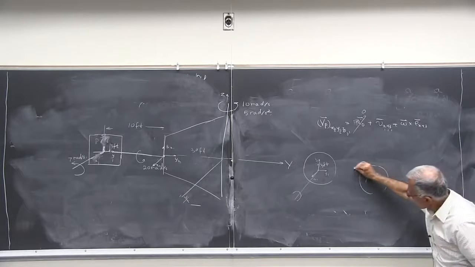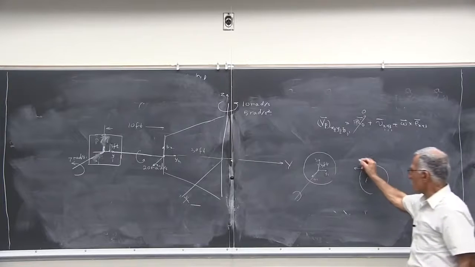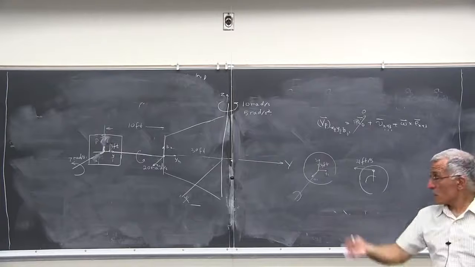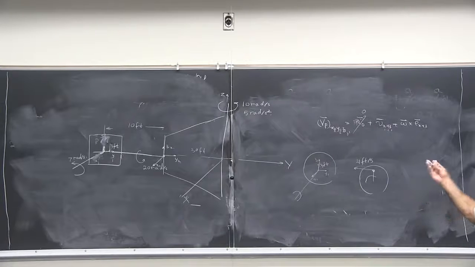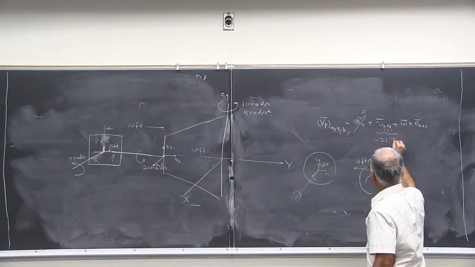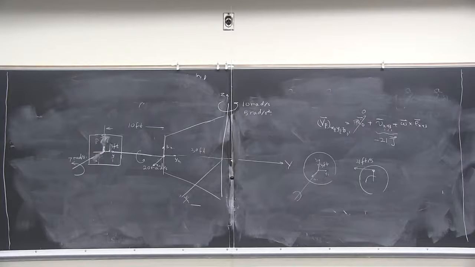At this instant, r omega is in this direction, and that's equal to 3 feet times 7, that's 21 feet per second. At this instant it is in the direction of negative capital J. So this one is minus 21 capital J. No problem.